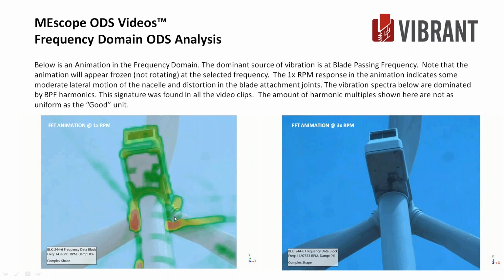So a few things to look for. 3 times RPM. Oh, I was going to say this thing looks frozen, and it does in the nacelle, but right here you see out of phase behavior in those 2 connection points. So there is some pitch ring bearing issue, I think, in this unit.